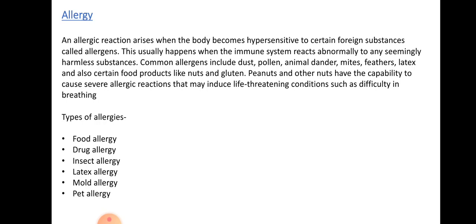Pet allergy is an abnormal immune reaction to proteins in an animal's skin cells, saliva, urine, etc. Here you may get sneezing and difficulty in breathing. So these are the different types of allergies.